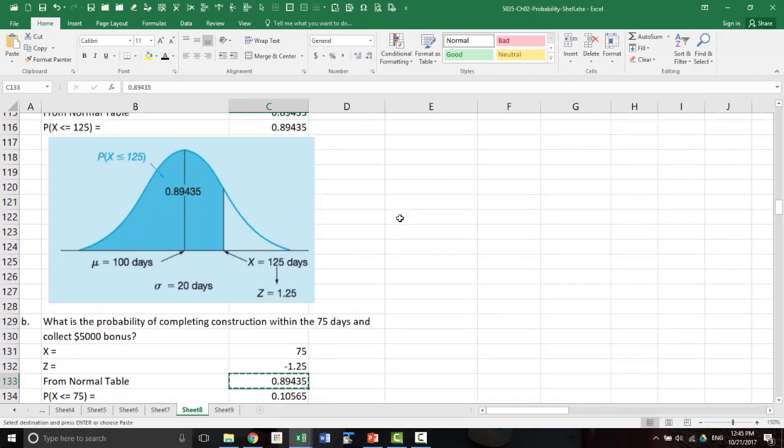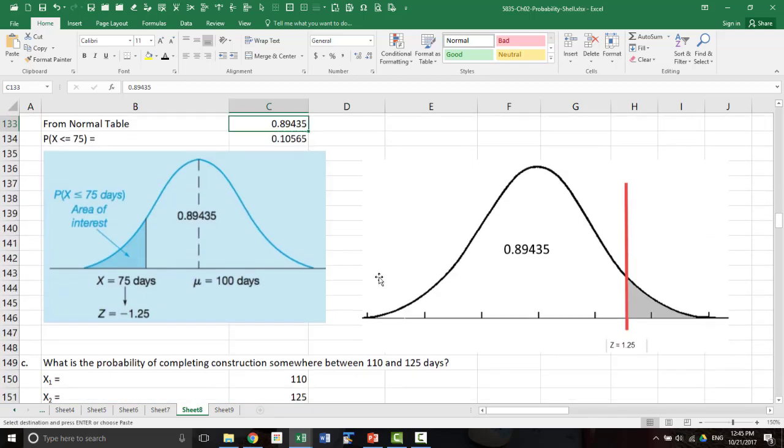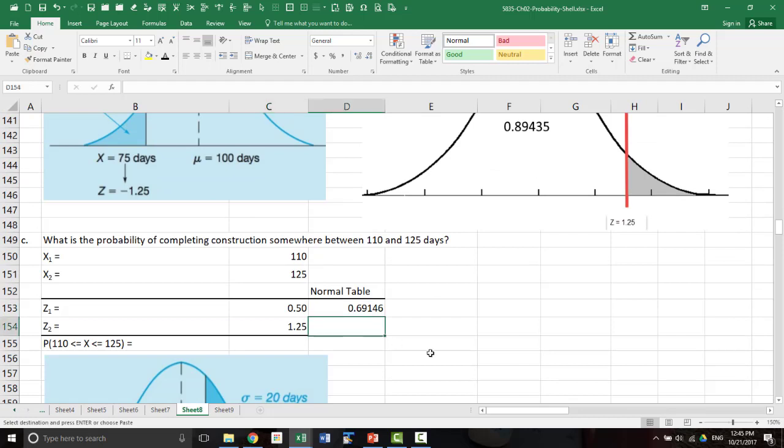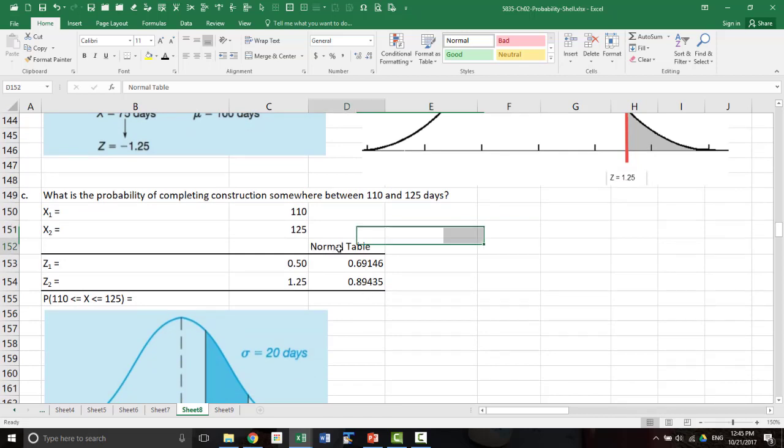Now the border is gone, so let's put the border back. Okay, now this is okay. Let's also align this properly.